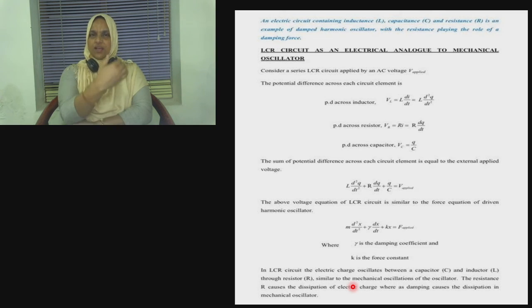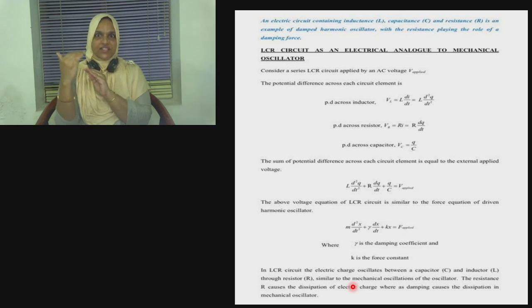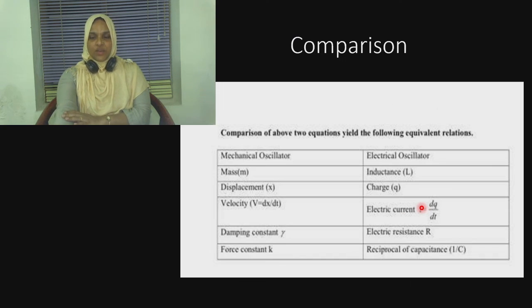The resistance is the element which causes dissipation of electric charge, which is similar to the damping which causes power or energy dissipation in a mechanical oscillator. So these two equations are similar, and we can say that an LCR circuit is an electrical analog to a mechanical oscillator. We will see how we can compare these two, the mechanical oscillator and the electrical oscillator.